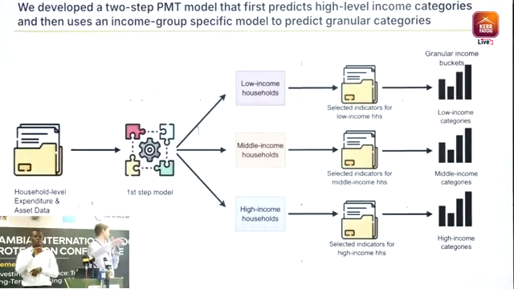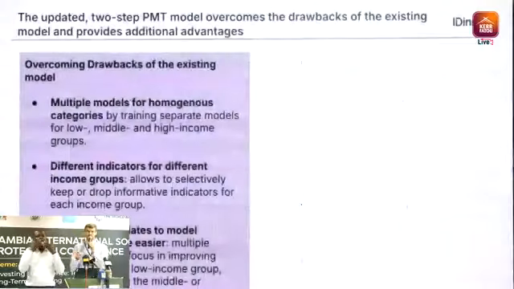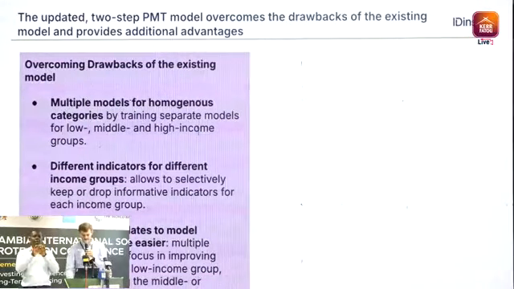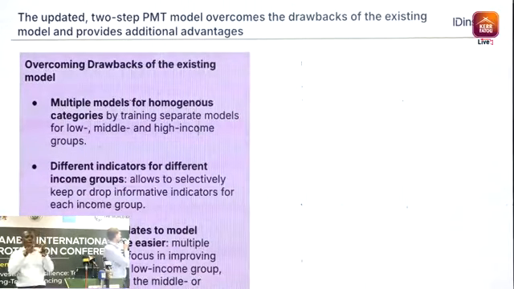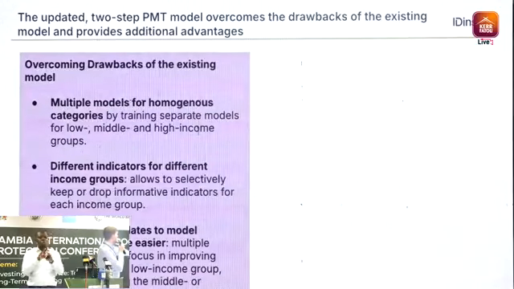Hope the visual is much clearer than all the code and all the data that goes into that. But that's the basic idea. And this really, I'll keep this short, allowed us to overcome several of the challenges that we spoke about. We now have multiple models that are allowing us to do separate model improvements, to incrementally look at performance, and to give different weight to different information for each of the groups.